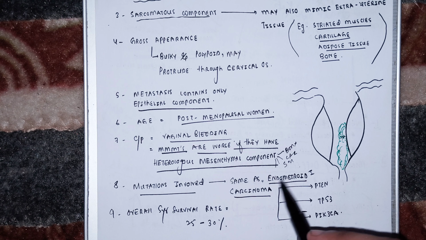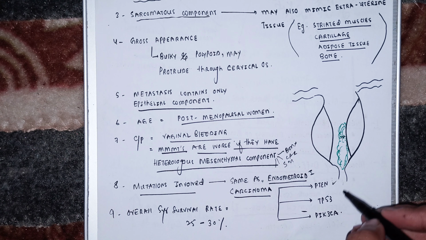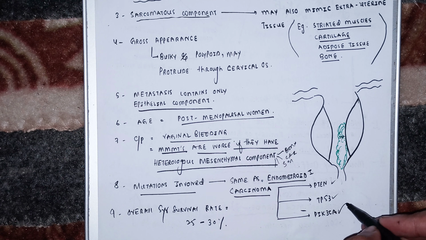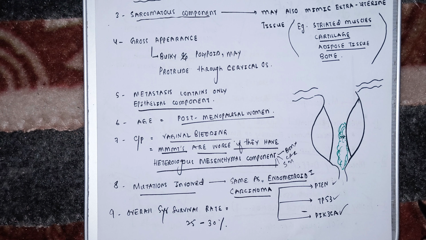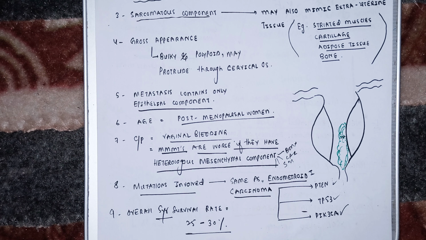The mutations present in endometrioid carcinoma are also present in MMMTs: mutations in the PTEN gene, TP53 gene and the PIK3CA gene. And the overall 5-year survival rate in case of this MMMT, malignant mixed Mullerian tumor, is about 25 to 30%. That is not really good looking. I hope you are clear with this, beta.